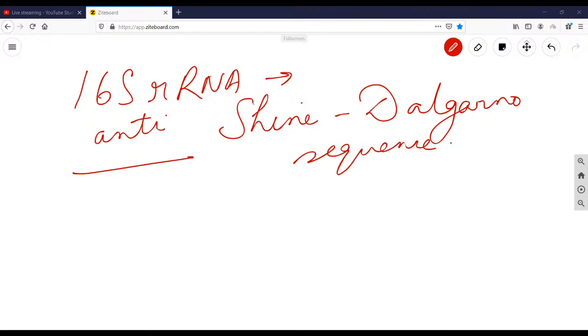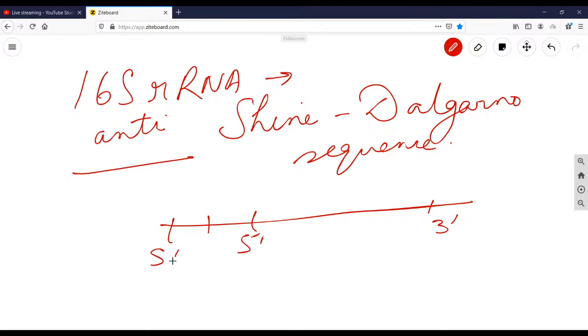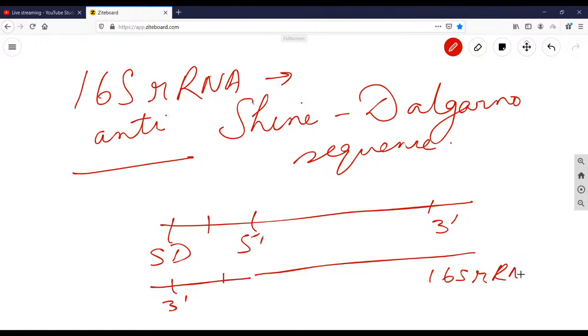So the mRNA, this is the 5 prime to 3 prime end, may have the SD sequence, and at the 3 prime end of the 16S rRNA, the structure wouldn't be like this, it would have a tertiary structure, there would be a specific sequence complementary to this, known as the anti-SD sequence.